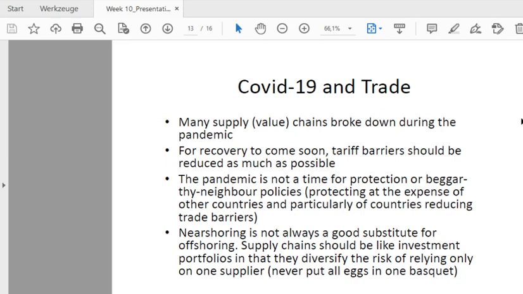You try to take a lot, and that applies also to bonds, in order to diversify away the risk involved in holding one share or one bond. Applied to supply chains, the issue is to minimize the risk of relying only on one supplier. Never put all eggs in one basket. Everybody knows that. So if we have one supplier, we should immediately identify a second and a third supplier in case the first supplier locks down.